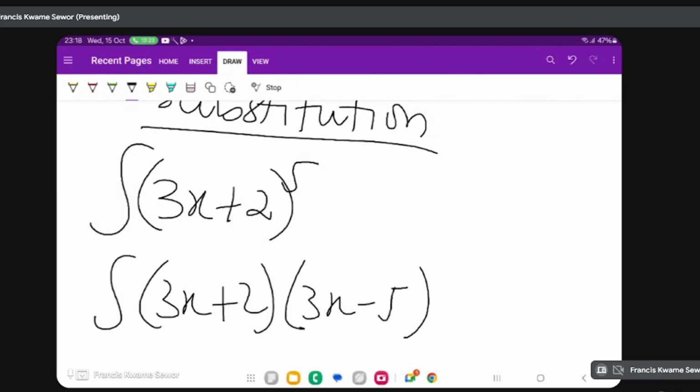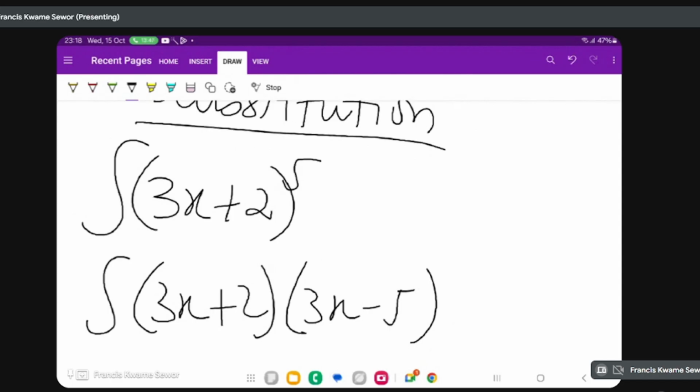So two functions are multiplying. That will give you a clue that it's going to be a substitution. It's a clue, but you have to confirm first. There's a way to confirm so that you don't waste time solving using substitution alone. But this is a general thing. When you see something raised to a power, your mind should go to the substitution method. Are we fine?